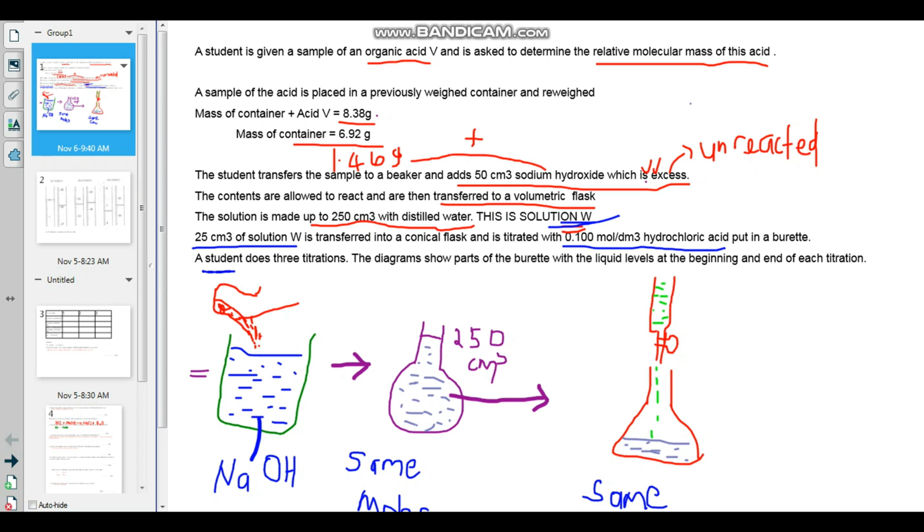The student repeats the titration 3 times. So we are to use the results of this titration to find the relative molecular mass of this acid.